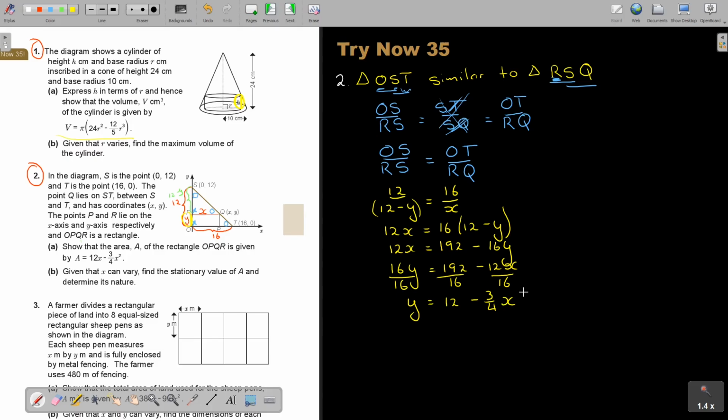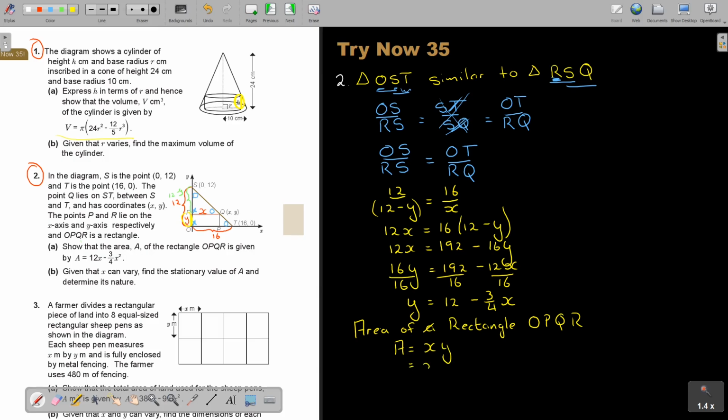Okay. Now, the area of a rectangle. So, the area of a rectangle OPQR is equal to x multiply y, length times breadth.